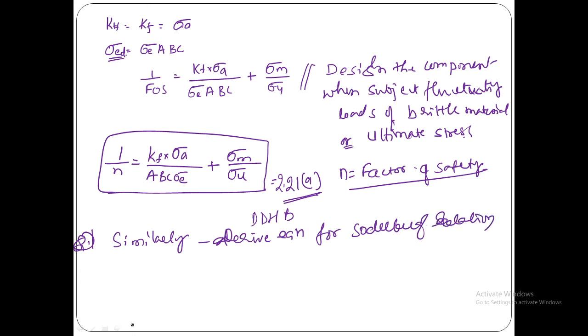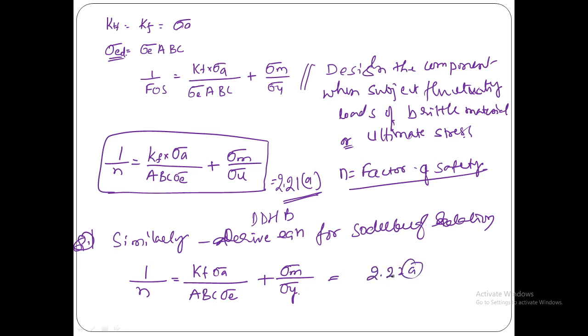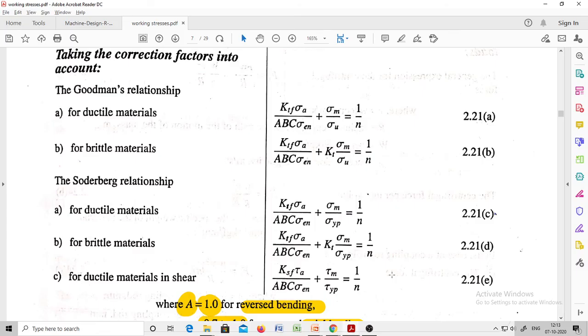What equation will you get there? 1 by n equals KF into sigma A divided by ABC into sigma E, plus sigma M divided by sigma Y. From the design data handbook you can cross check equation number 2.21c.